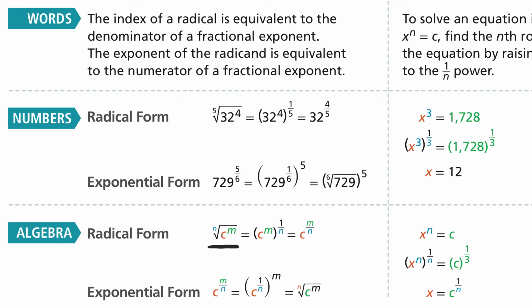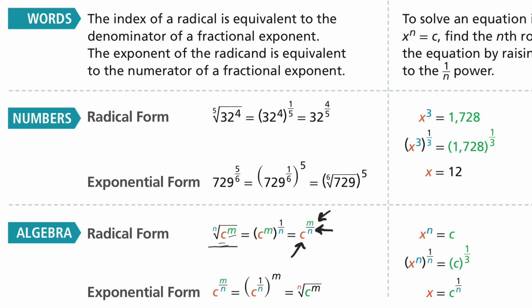This n value, the index, is always going to become the denominator of the exponent. The power that is inside of that, m, will be the numerator, and this value c, known as the radicand, will always be the base of this exponent.